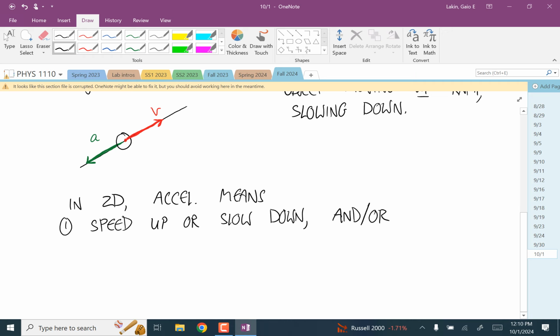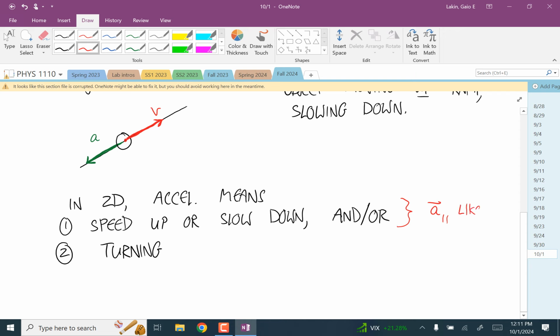Yeah, turning, exactly. And so what we have here is speeding up or slowing down is caused by a part of the acceleration that's parallel to the velocity. That's the one I call A parallel. And that works exactly like acceleration works in one dimension. Okay?